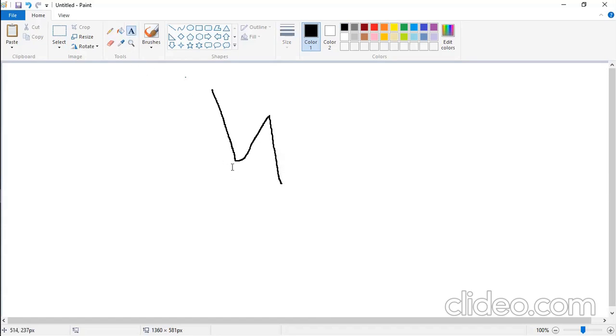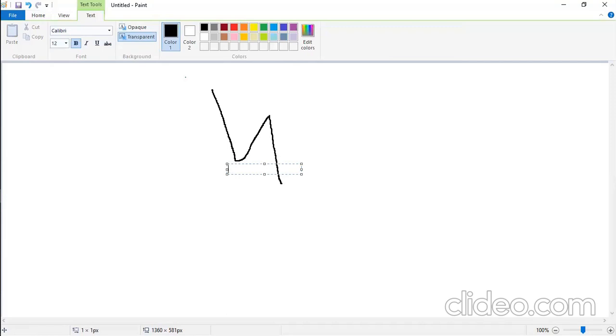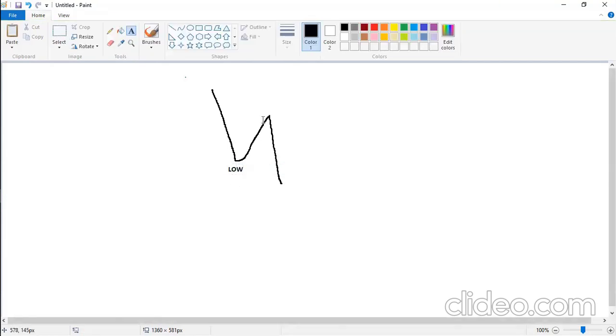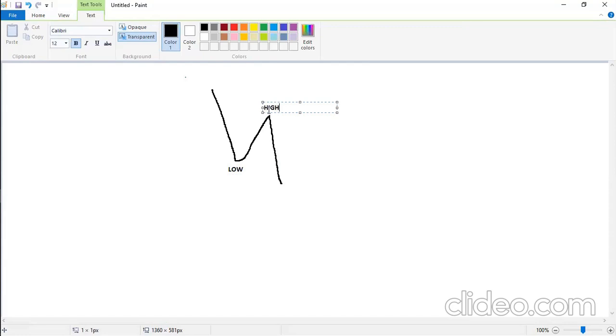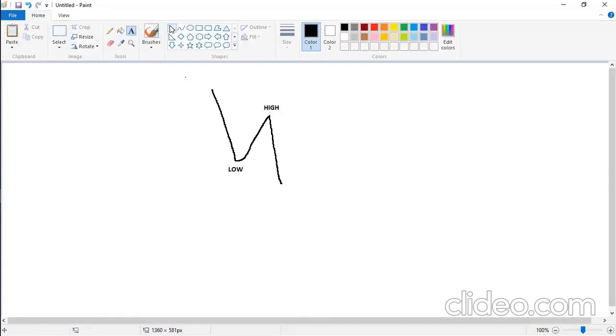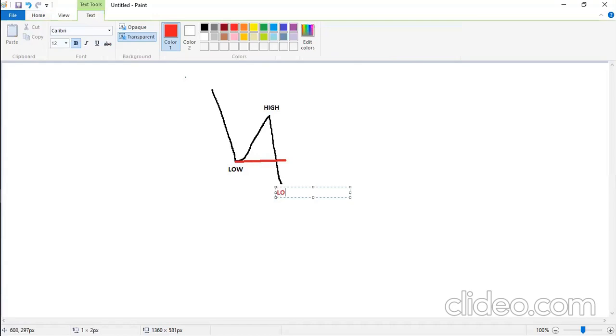So this is our low. This is our high. And this was also the BMS. So this is what you call a lower low. Why?